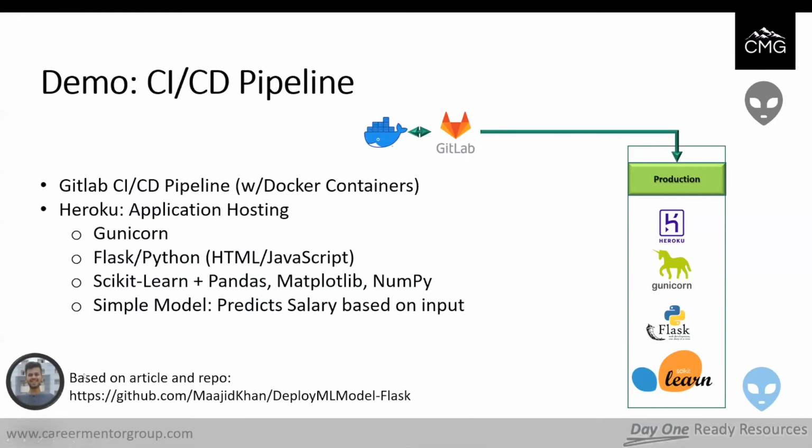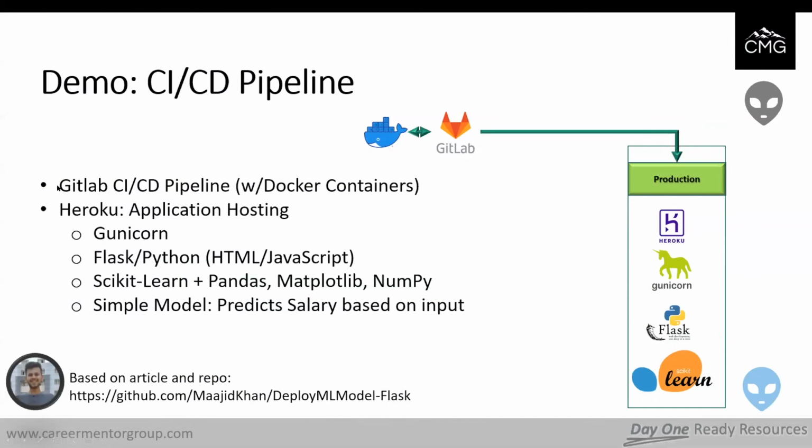Keep in mind that this initial repository was based on Majid Khan's deploying ML models with Flask. We've cloned that repo and modified it significantly so that it's easier to use if you're just getting started.